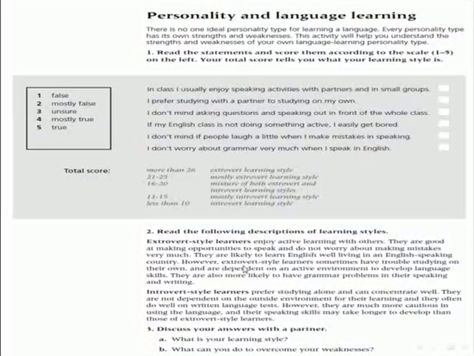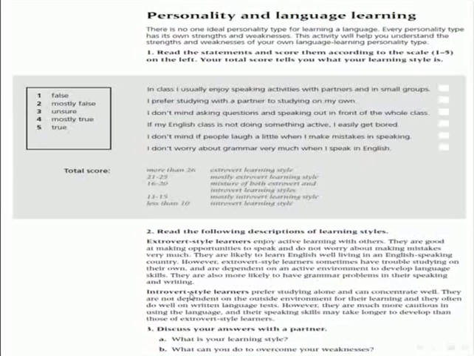However, extrovert-style learners sometimes have trouble studying on their own. They like to study with others and are dependent on an active environment to develop language skills. They are also more likely to have grammar problems in their speaking and writing.